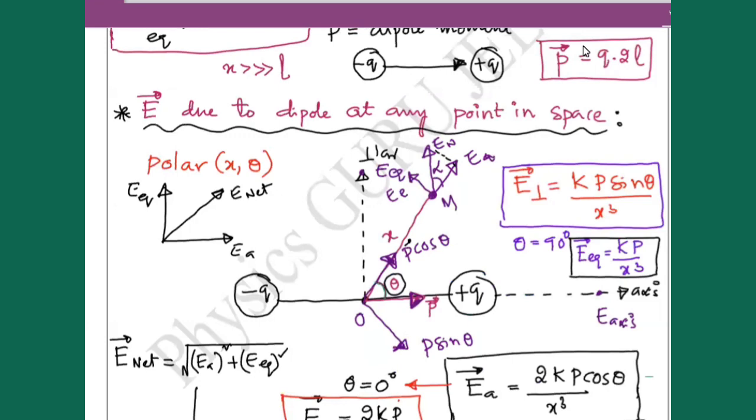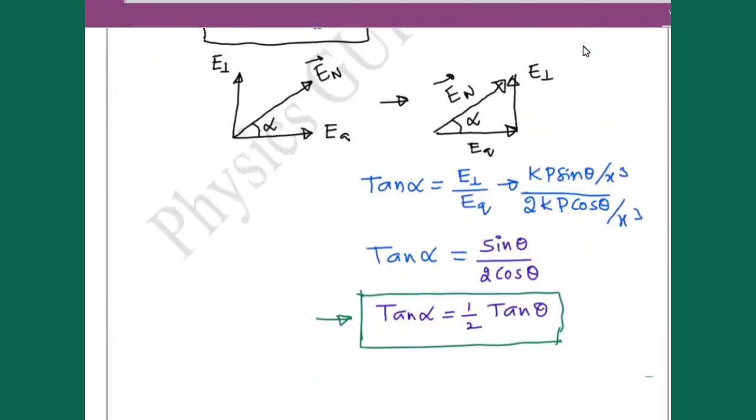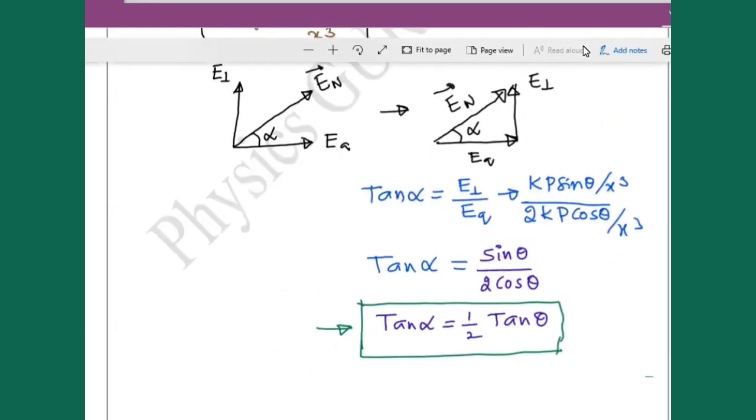So the angle of inclination from the dipole moment is nothing but theta plus alpha. Is it clear? So like this we can calculate the electric field.